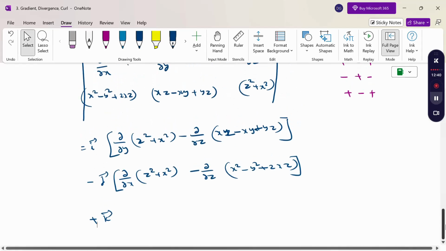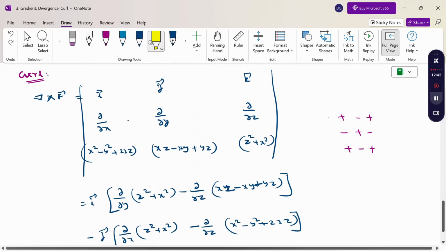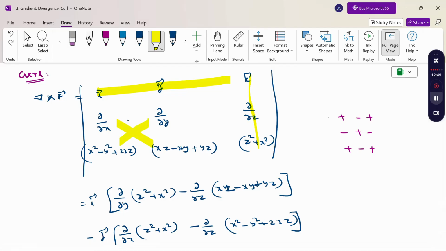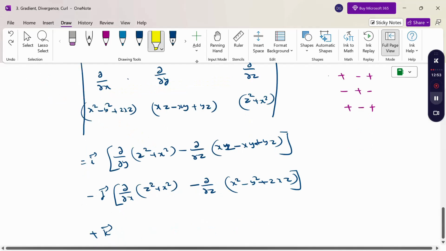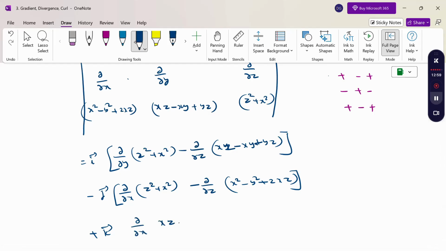For the k vector, again leave the column and row, this column and this row, then cross multiplication: dou by dou x of this term minus dou by dou y of this term. Therefore the k vector is dou by dou x of xz minus xy plus yz minus dou by dou y of x square minus y square plus 2xz.